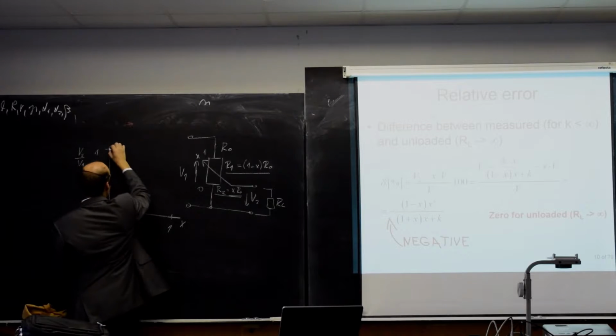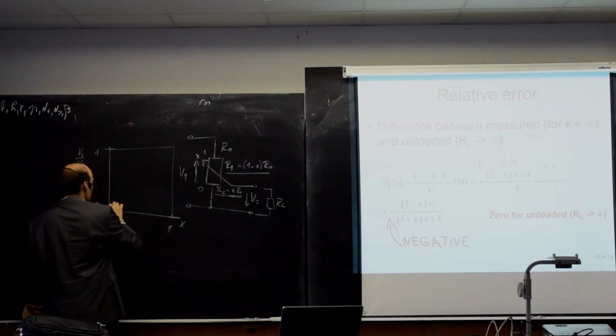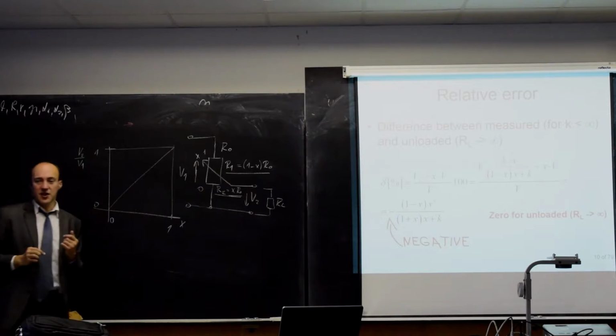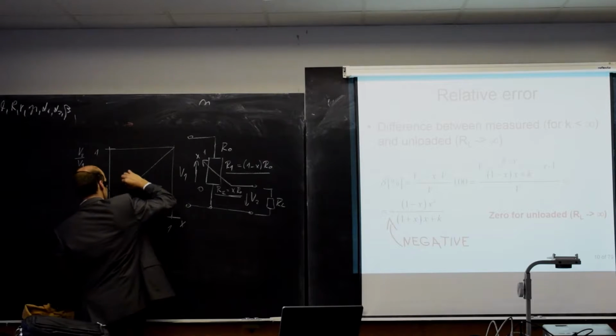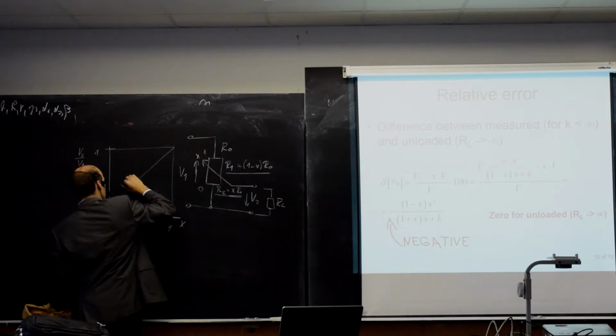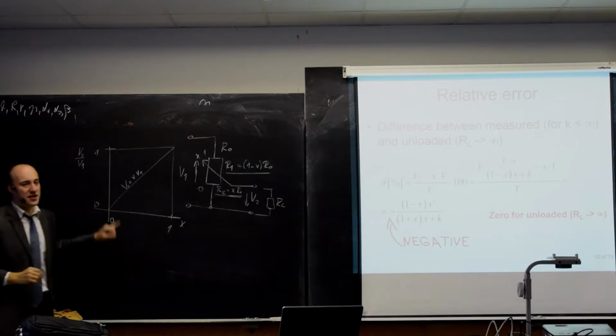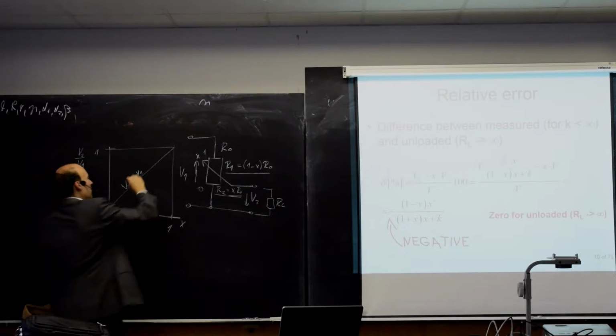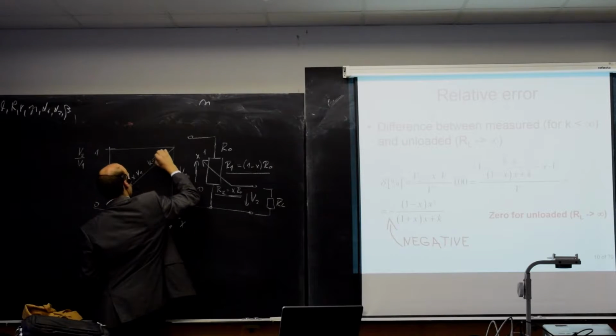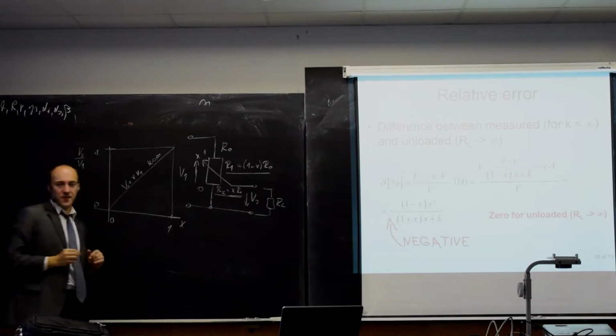The ideal sensor would have a linear characteristic. So this is V2 is x times V1. And this is the ideal curve for k going to infinity.